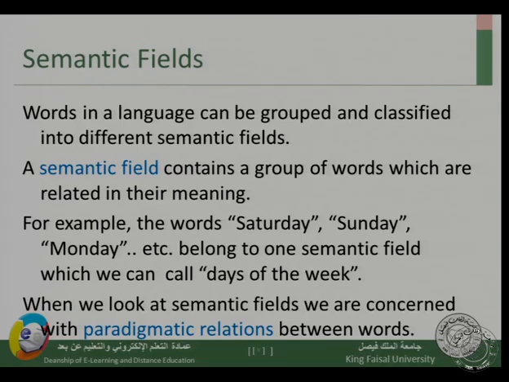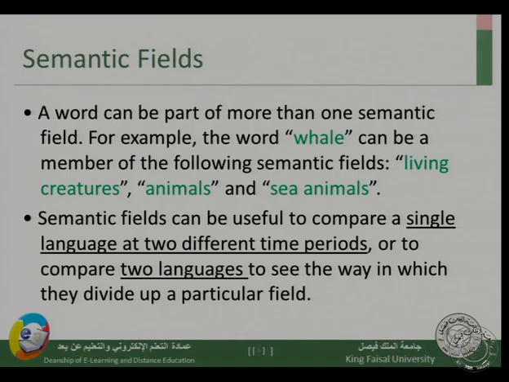So these are examples of semantic fields in English. As we said, when we look at semantic fields, we are concerned with paradigmatic relations between words. We look at them paradigmatically, vertically. A word can be part of more than one semantic field. It doesn't have to be just one semantic field and that's it. It can be part of more than one. So here's an example.